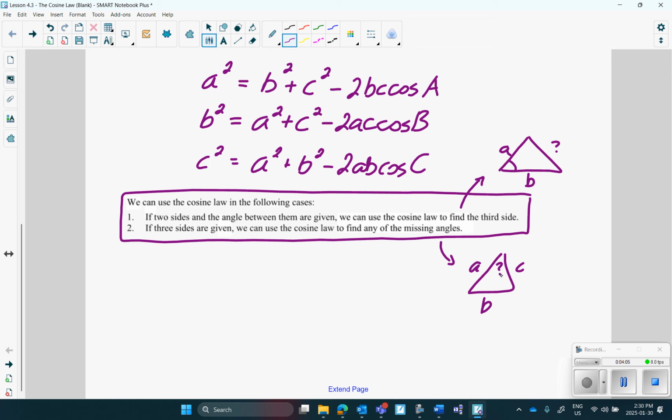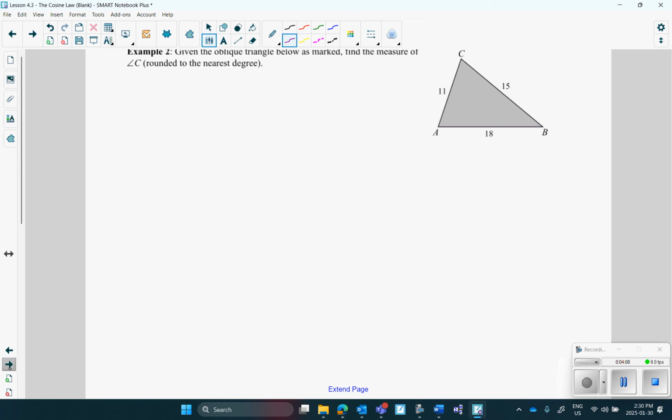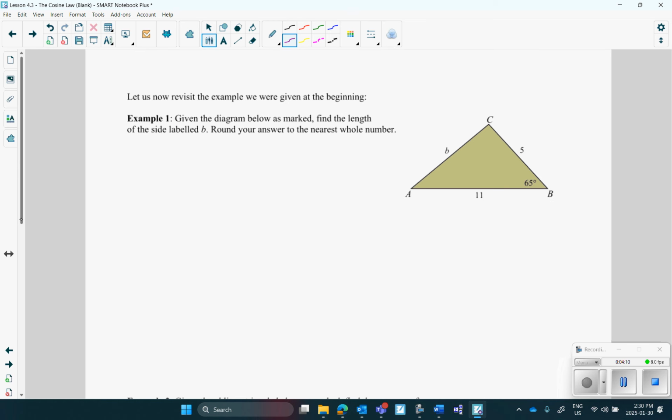All right. Let's look at some examples. Well, we're going back to that one at the beginning. So we need to set it up. b squared. But what are the numbers? 5 squared plus 11 squared minus 2 times 5 times 11 times the cos of 65.